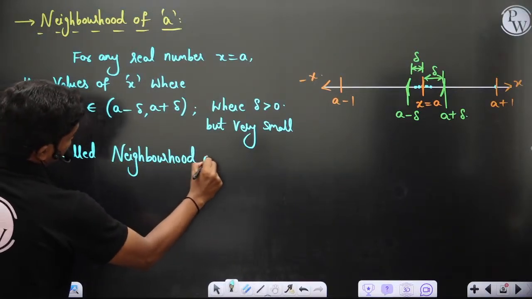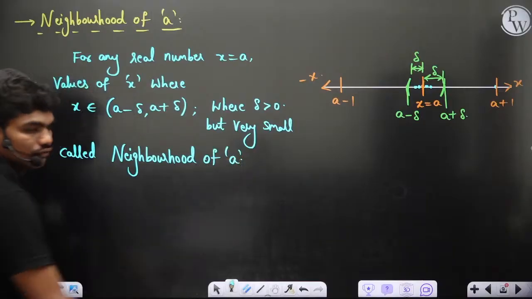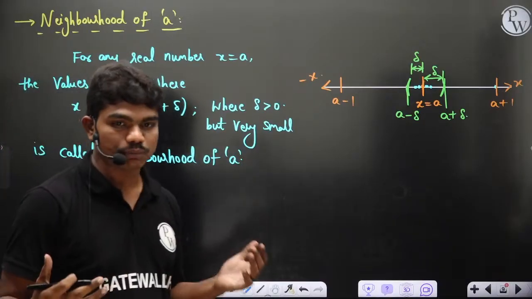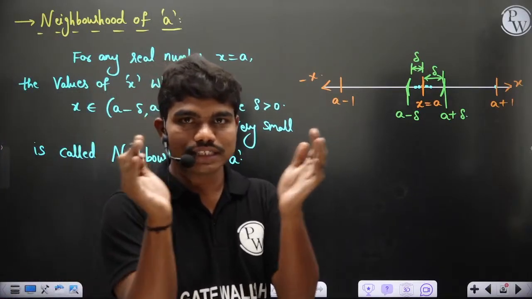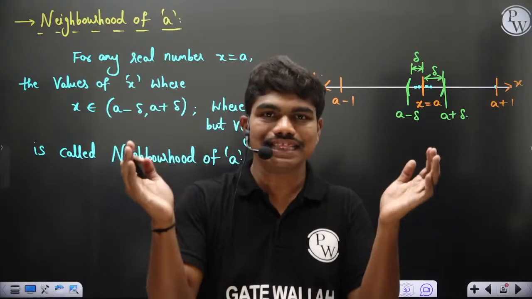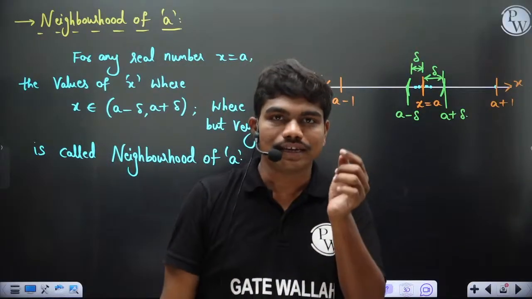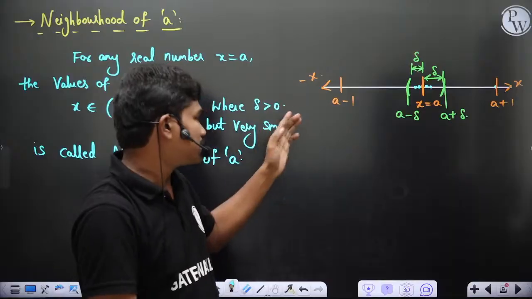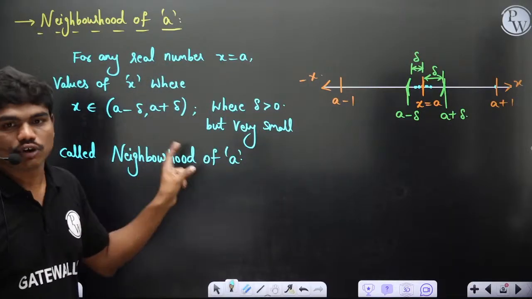Because ultimately if delta is very small, then the values within this interval a minus delta to a plus delta lie very close to a, and all the values which fall in this are called the neighborhood.